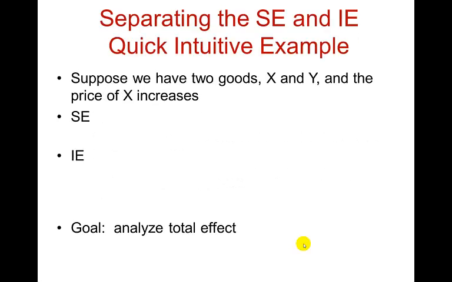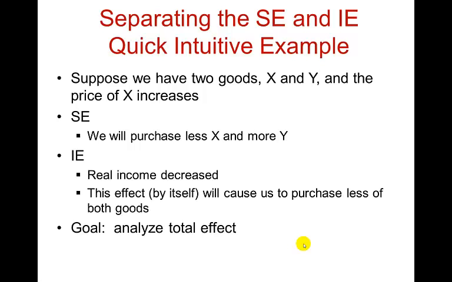If we have two goods, X and Y, and the price of X increases, the substitution effect says we're going to purchase less of good X and more of good Y. The income effect says we're going to purchase less of good X and less of good Y. So you see that the effect on good X is not ambiguous. The substitution effect says we're going to purchase less, and the income effect says we're going to purchase less.